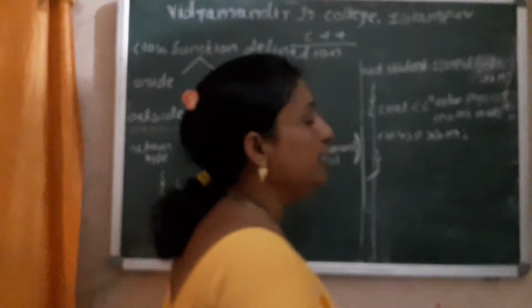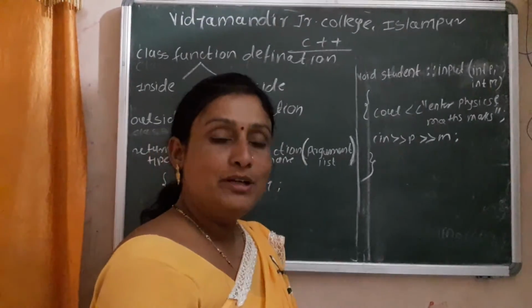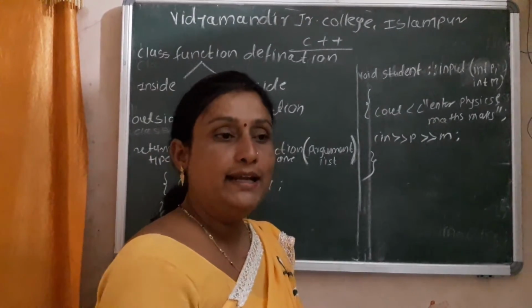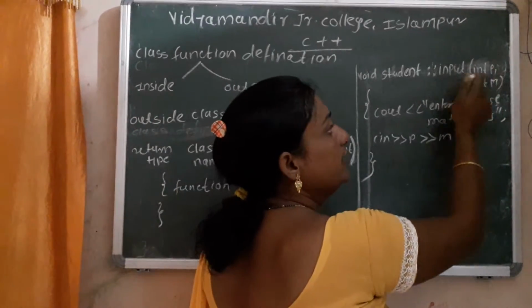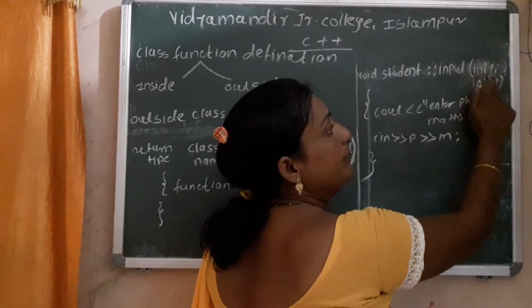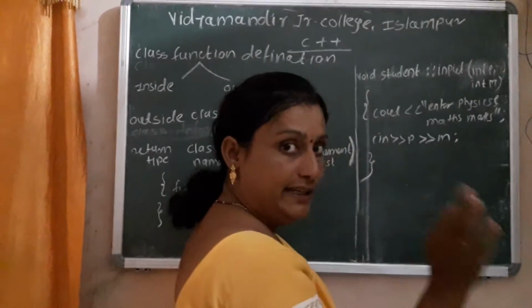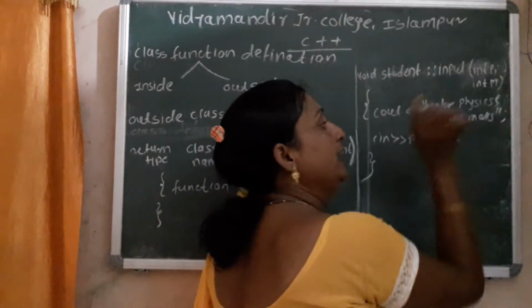In a function declaration, the variables must be declared separately. Normally we can write int p, m, but in a function the arguments are declared separately: int p, int m.